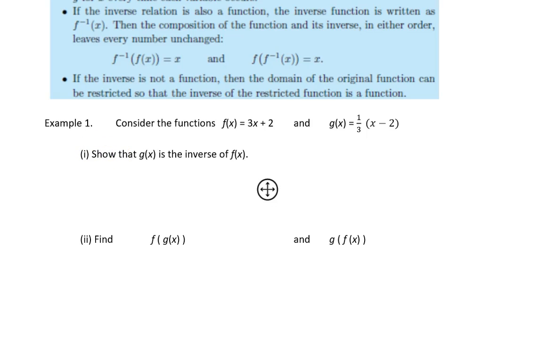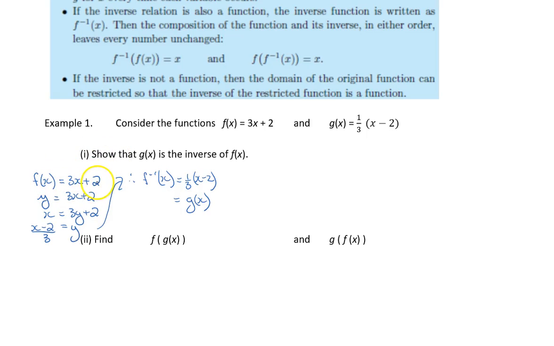So I started with f of x, replaced f of x with y, swapped the x and the y, made y the subject, replaced that y with the appropriate inverse notation, because this function I've created through the inverse process, and we get this 1/3 x minus 2, which is actually g of x. So that's one way to do it.